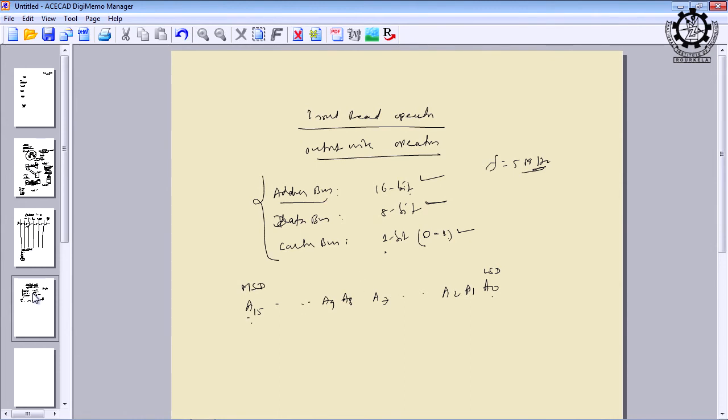Now we divide these address signals, or the address bus, into two groups. A0 to A7 is one group and A8 to A15 is another group. Is it okay? Now if I divide into two groups, I can very well say this is the least significant byte, not bit, because I am taking 8 bits at a time, and these 8 bits are the most significant byte.